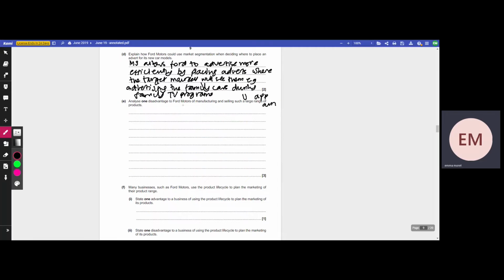I have to explain really clearly what the disadvantage is going to be. I'm going to start off with a because, using my BLT strategy: because leads to therefore.